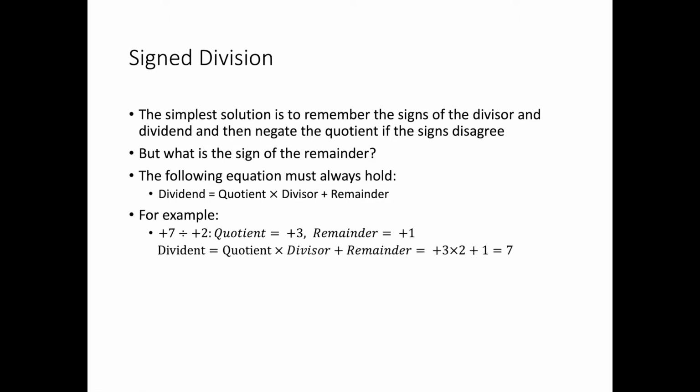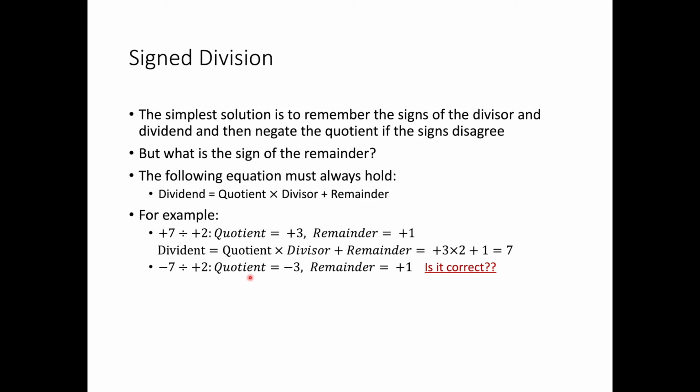We can apply that to this format. The dividend equals quotient times divisor plus remainder, which is 3 times 2 plus 1, and the result is 7. So what if we want to divide -7 by +2? The quotient should be 3 and the remainder should be 1, but what is the sign of those two numbers?